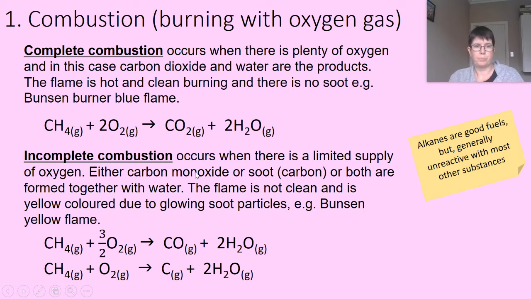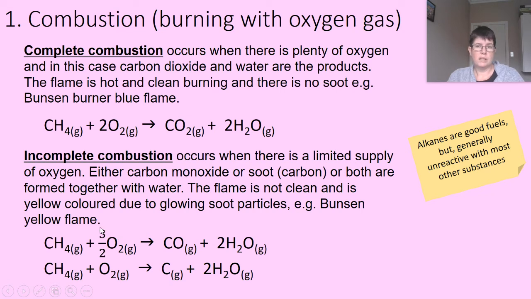Water vapor. Incomplete combustion occurs when there's a limited supply of oxygen. Either it doesn't make carbon dioxide, it makes carbon monoxide or even just soot, and both are formed together with water. The flame is not clean and is yellow coloured due to glowing soot particles. This would be your Bunsen burner yellow flame. Now if we have a look at the reactions, we've got methane reacting with oxygen.